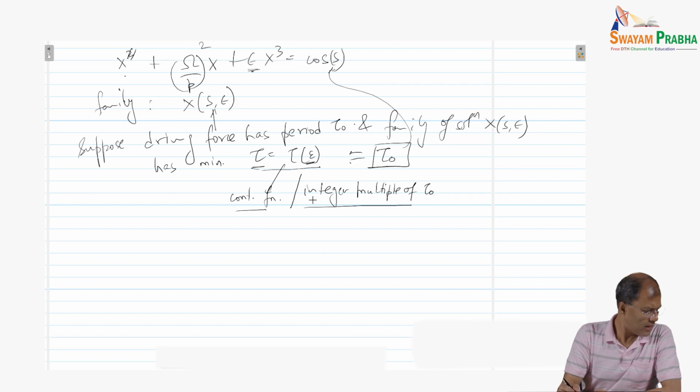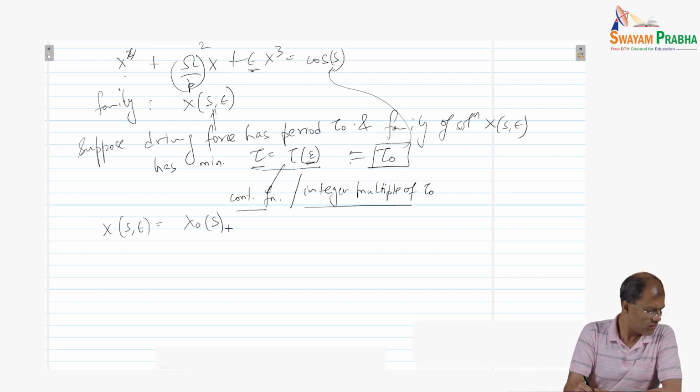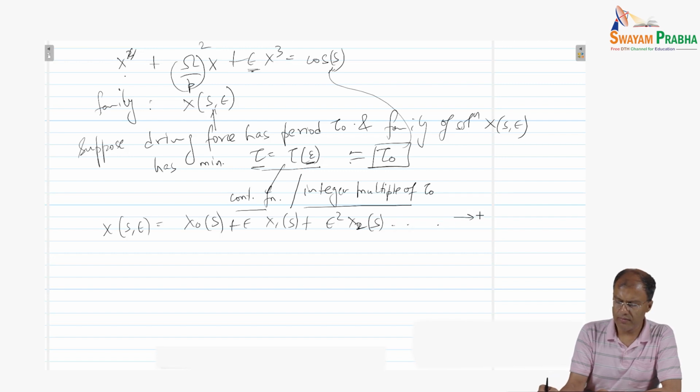When we start to write the regular perturbative solutions, the solution is of this form: x of s comma epsilon is x naught of s plus epsilon x1 of s plus epsilon square x2 of s, and so on.